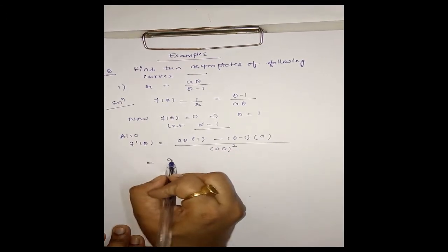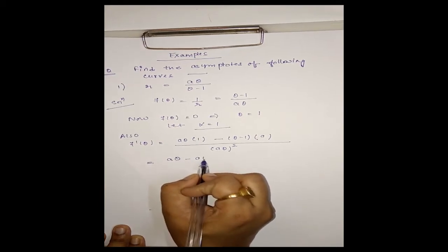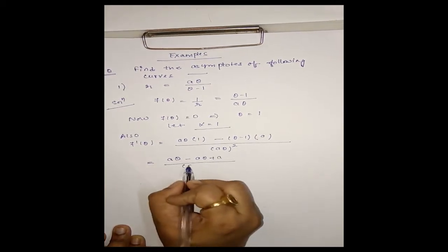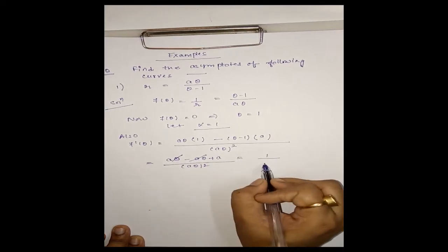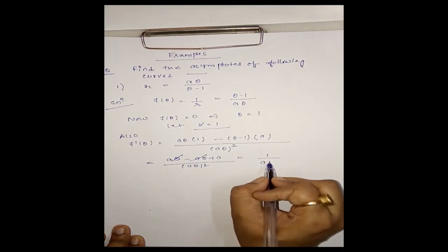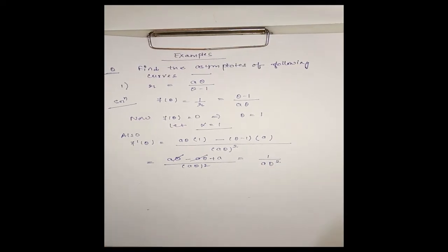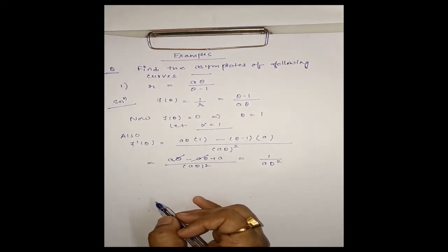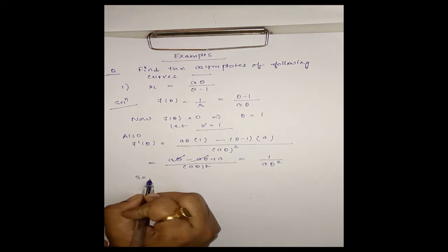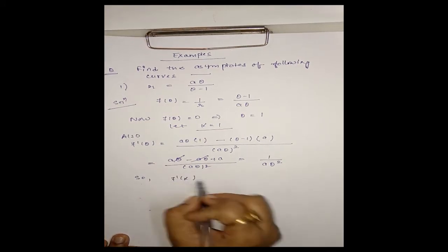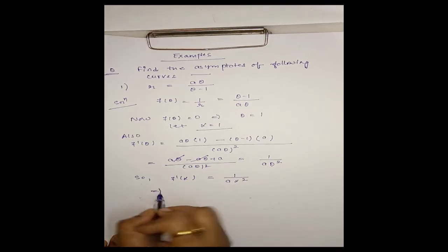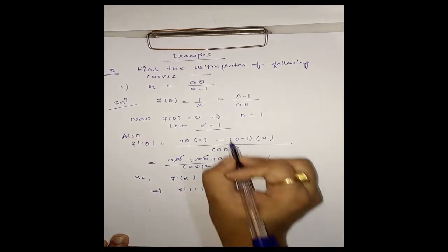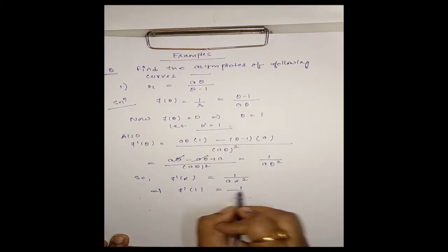On simplifying, this gives a theta minus a theta plus a upon a theta whole square. This will get cancelled out. I get 1 upon a theta square. Therefore f dash alpha is equal to 1 upon a alpha square, which gives f dash 1, since alpha is 1, equal to 1 upon a.